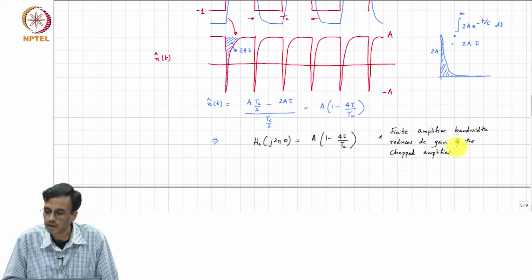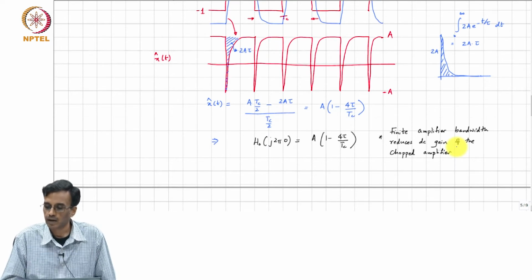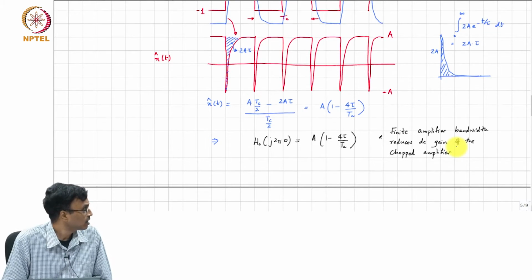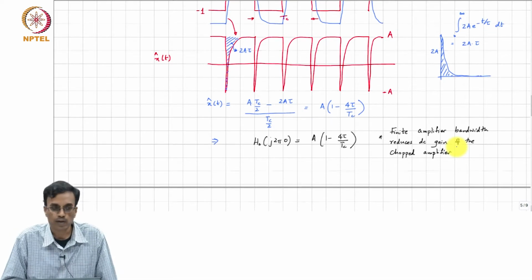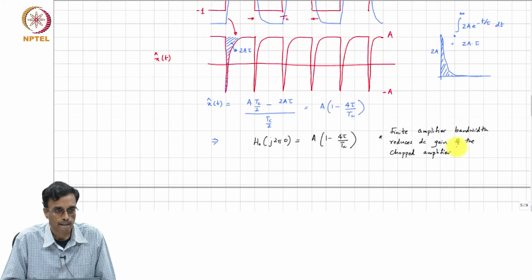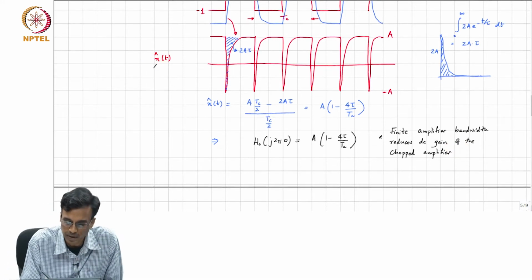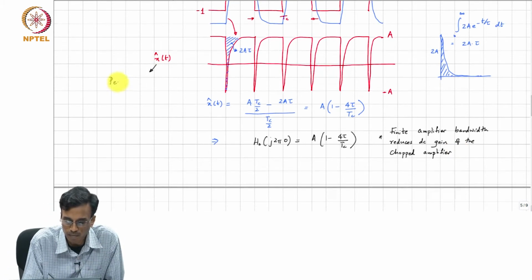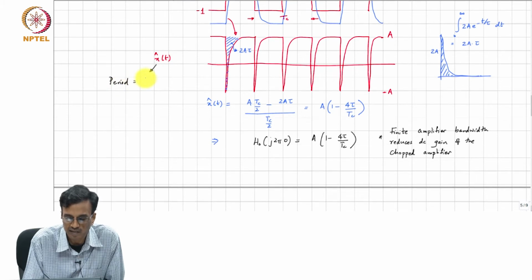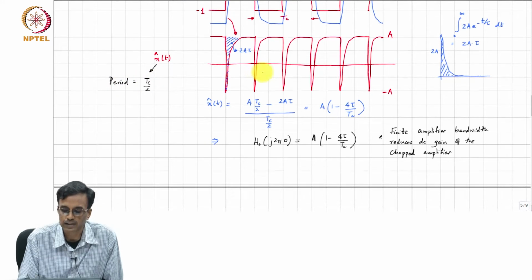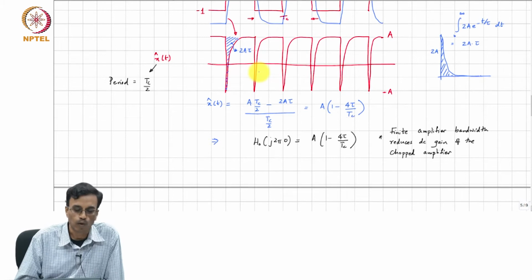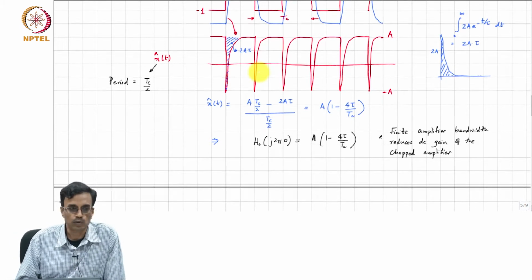All right. Okay. The next thing, what is the period of the waveform at x hat of t? Yeah. So, the period of this waveform is Tc by 2. So, when you expand this in a Fourier series, what all components will you get? What all frequencies will you see?